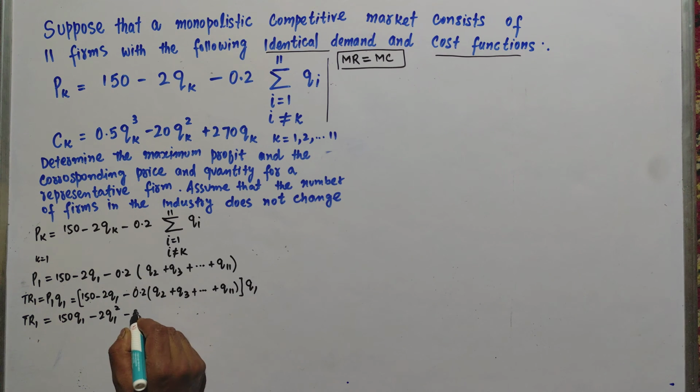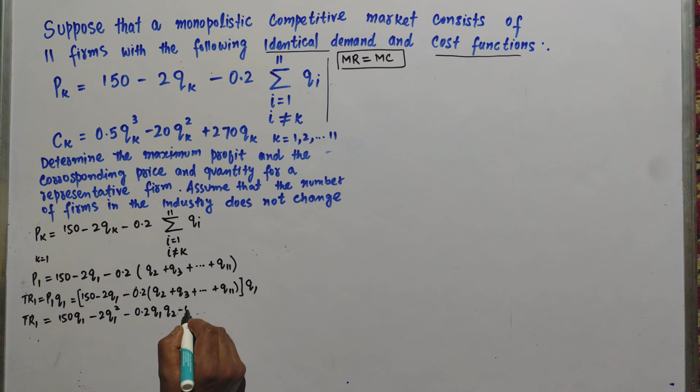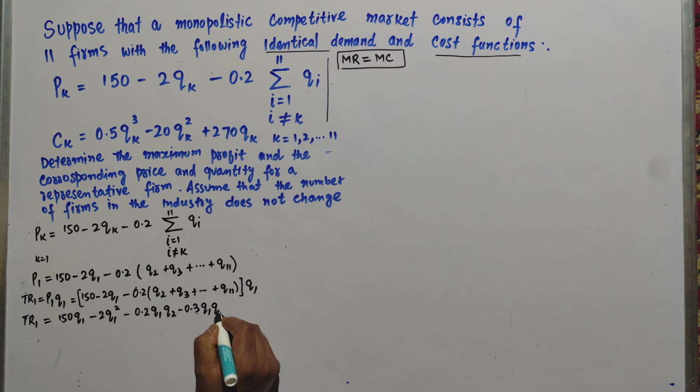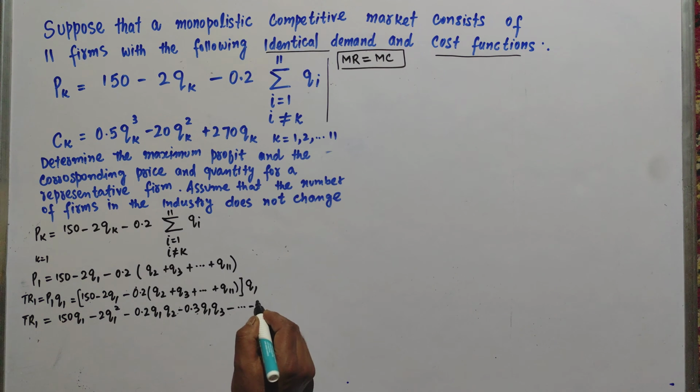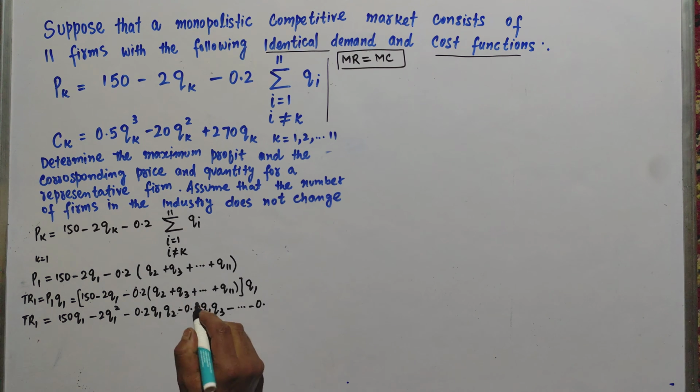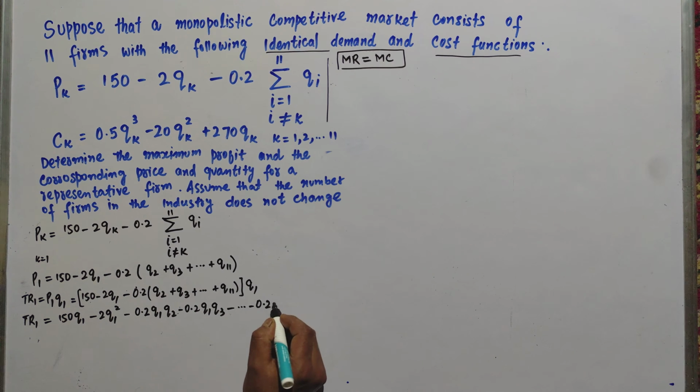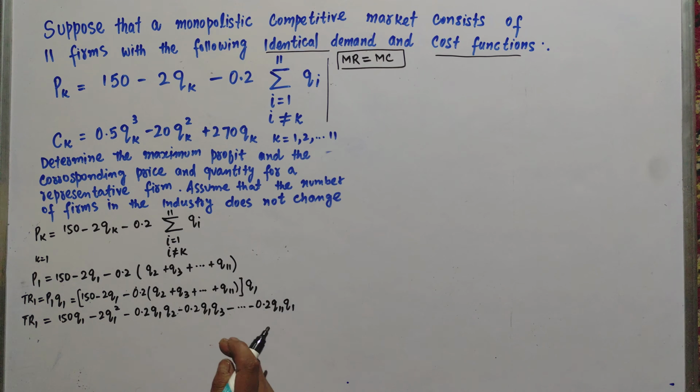0.2 Q1 Q2, then we have again minus 0.2 Q1 Q3, minus so on up to minus 0.2 Q11 Q1, or Q1 Q11.